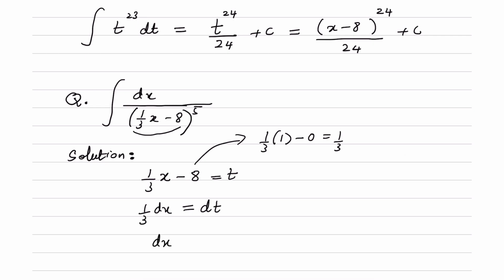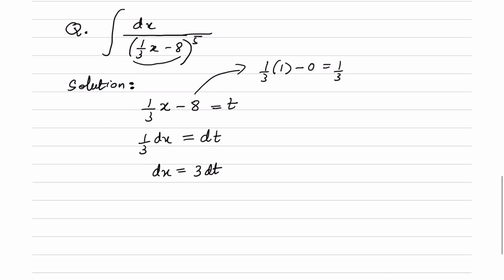From here we find the value of dx, which is 3 dt. Now we put here the value of dx and 1 over 3x minus 8 equal to t back in our integral. dx is 3 dt divided by 1 over 3x minus 8, which is t, whole power 5.